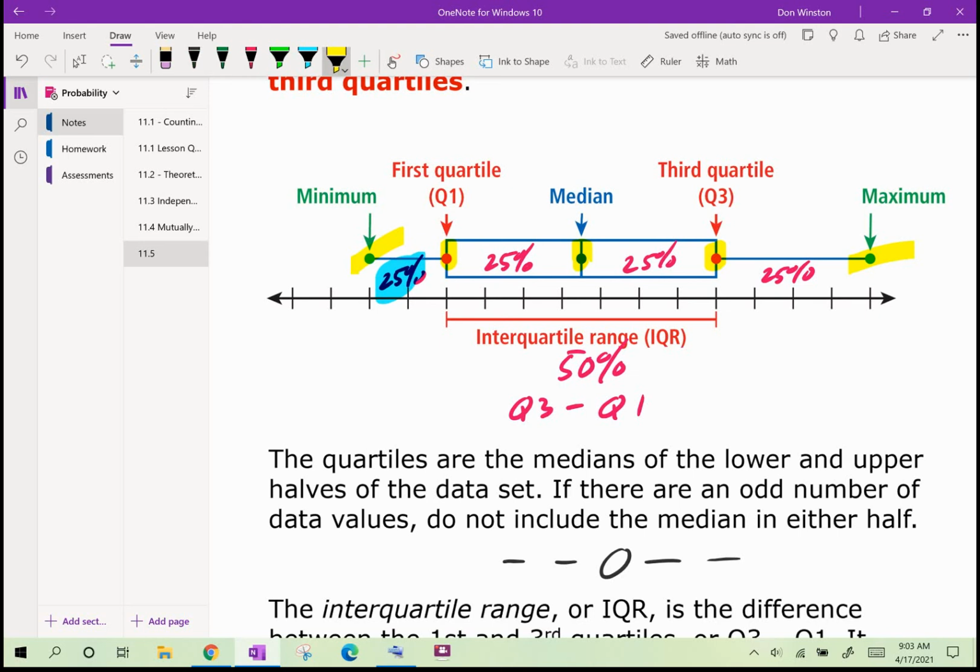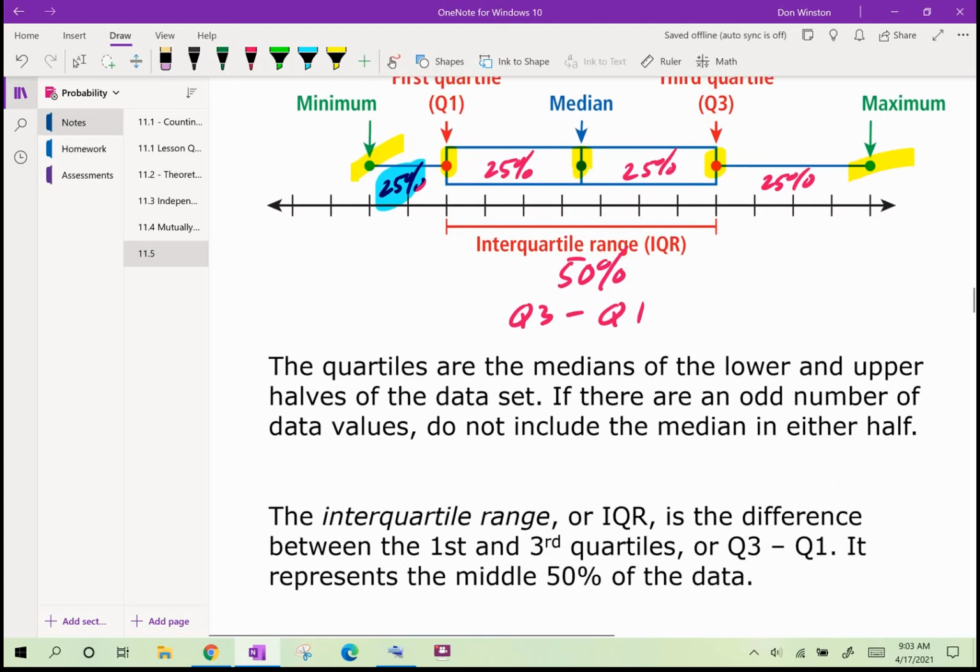So this would be like our first quartile, and that would be our third. So if there are an odd number of data values, do not include the median in either half. So we wouldn't include it in the first half, or we wouldn't include it in the upper half. We'll see that.